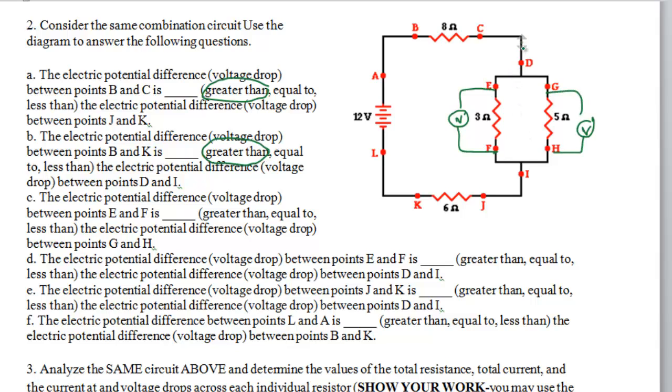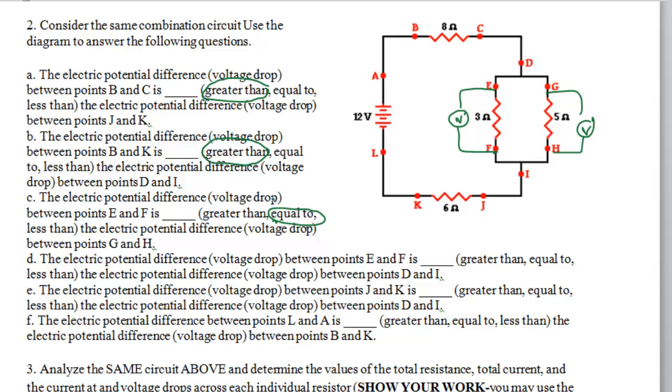Now remember, in the case of parallel connection, and here the 3 ohm is connected to the 5 ohms through a parallel connection, so the voltage drop will be exactly the same. So the voltage drop will be equal to.